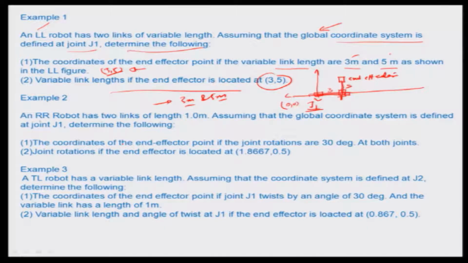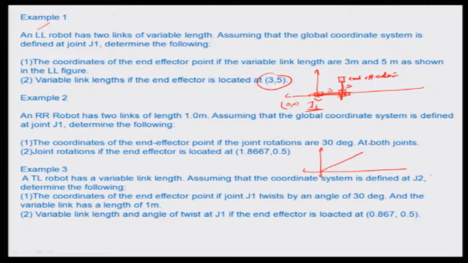Similarly, if an RR robot, a rotation robot, has two links of length 1 meter, assuming the global system is defined at joint J1. So, in this particular case, let us say you have an RR robot defined in this manner. The first link, which is 1 meter in length, is positioned about the origin, so that the joint J1 comes at exactly 0 0 of the global coordinate system.